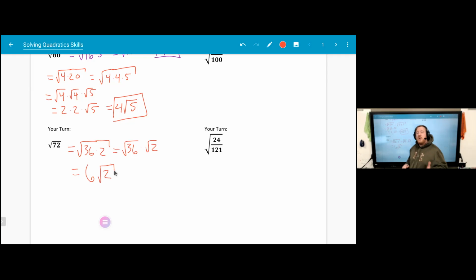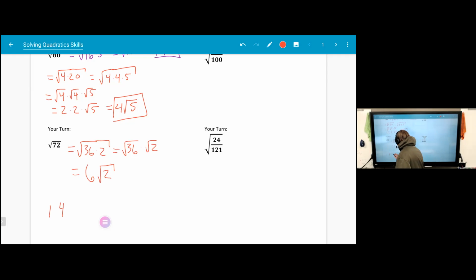Again, if you don't see it right away, keep breaking it down. Look to see if you can find some perfect square numbers. Remember, what are some perfect square numbers? How about 1? We're not going to use that a whole lot. We've got 4. That's a perfect square.